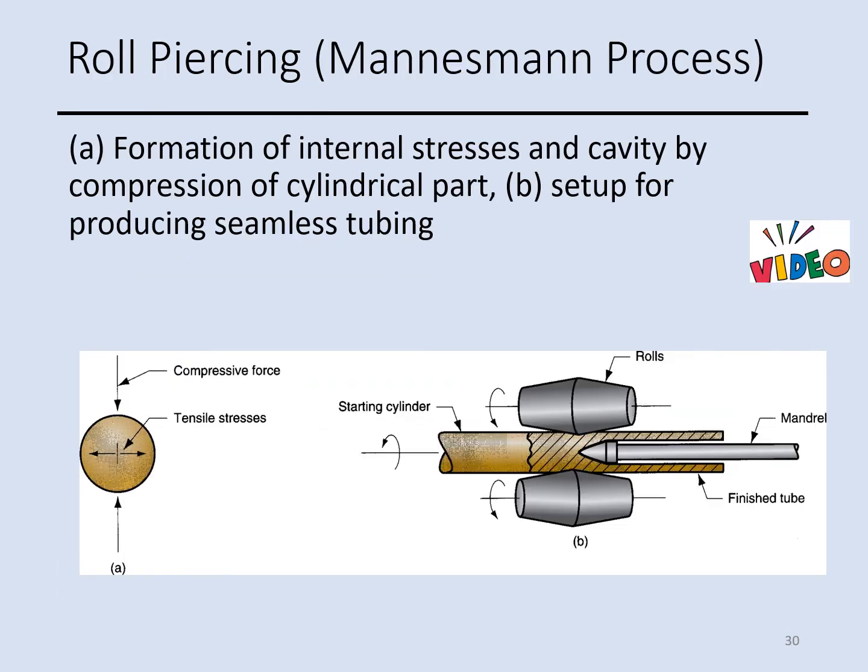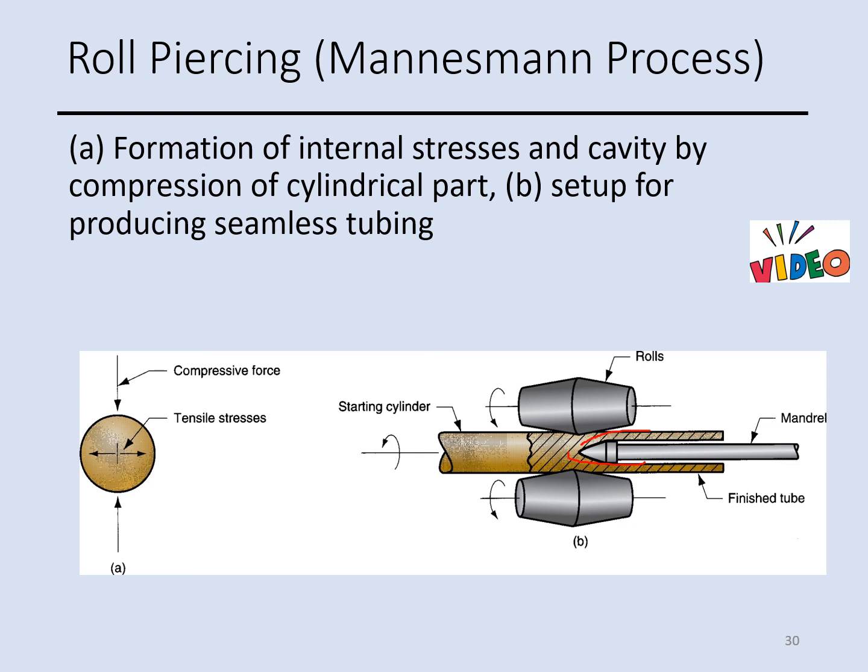The last rolling process is called the roll piercing process, where we use two opposing rolls, and they use a principle when a solid cylinder is compressed on its circumference like this one. As you see in this picture, we can make a hole inside the solid material.